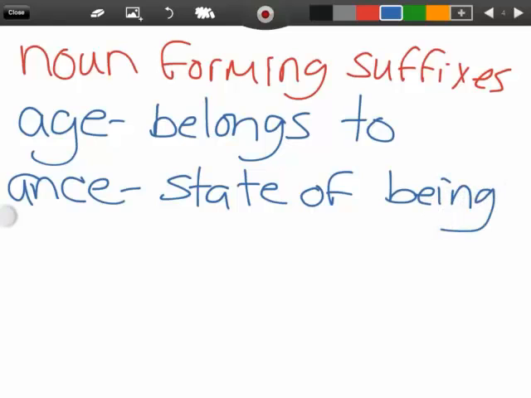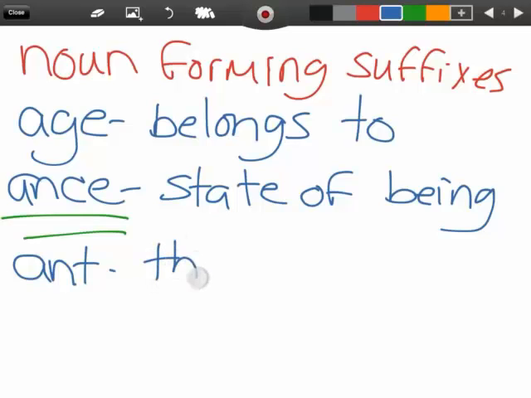So when you see a word with this suffix at the end, it's going to change its meaning and it's going to become state of being. Moving on to our next suffix is ant, and ant means thing or one who.